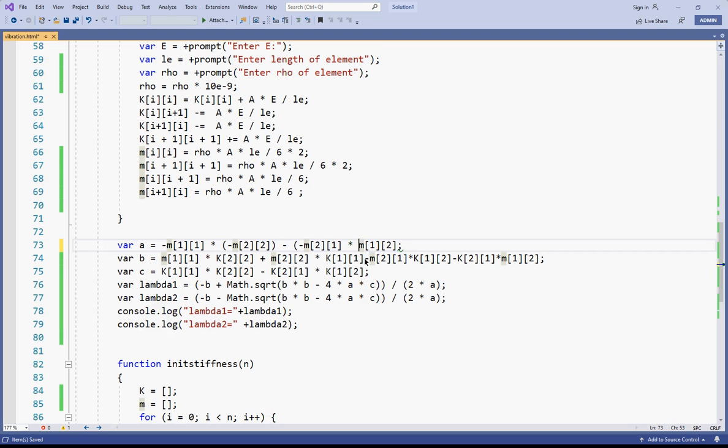For this also I'll put it like this so it will be visible. I have to take care that it will be a minus. Okay, done, correct. So this will be minus.